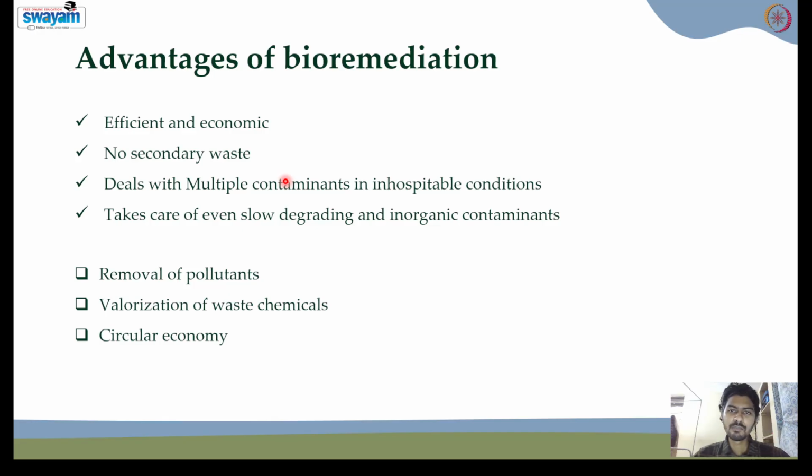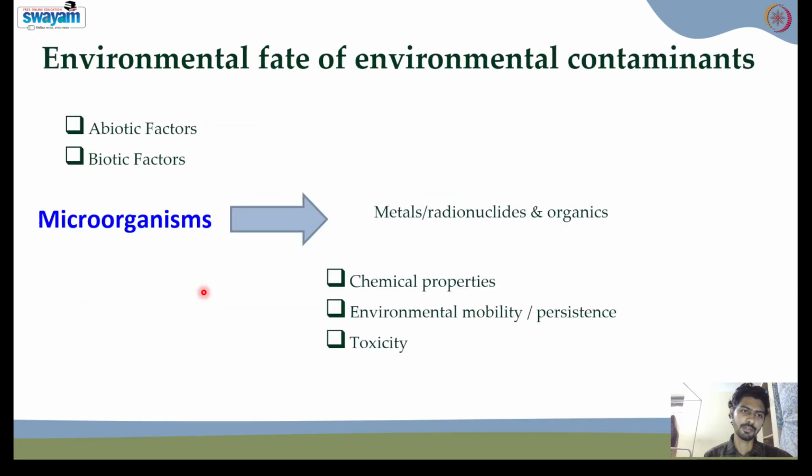For example, we can convert cooking oil into biodiesel. And also it ensures the circular economy. The term circular economy denotes that nothing is wasted, so it is mostly recycled back without any wastage. So these are some of the applications through which bioremediation helps in tackling the environment.